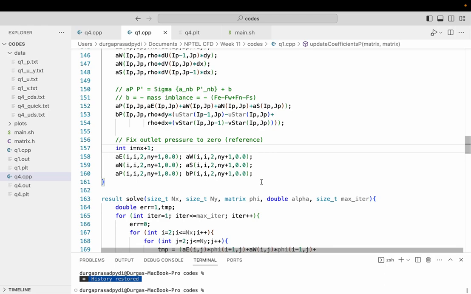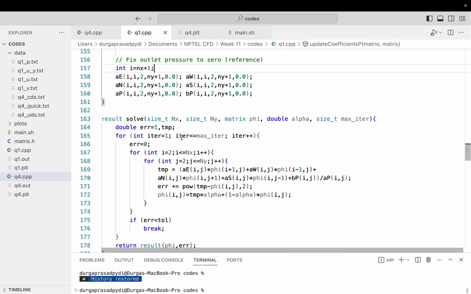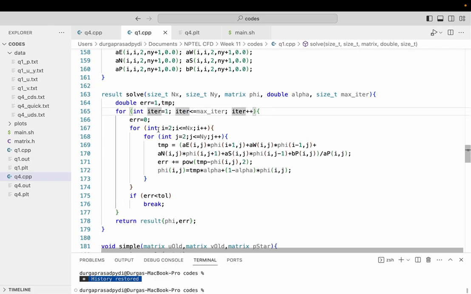Sol is where your Gauss Seidel is present. This is very similar to what we have. You just take summation of A NB times V NB, and then you update this, as we have discussed previously. Whenever you are using under relaxation, instead of directly taking the value, you multiply it with the corresponding relaxation factor.